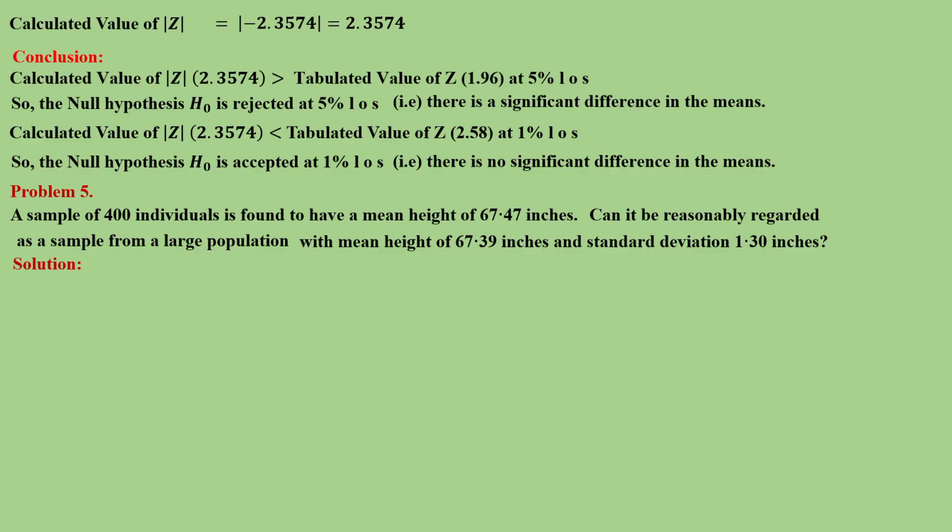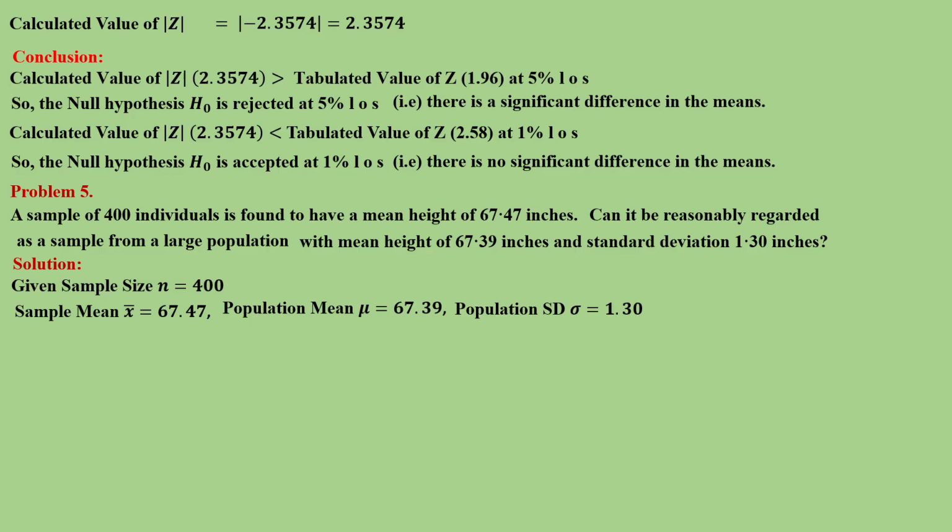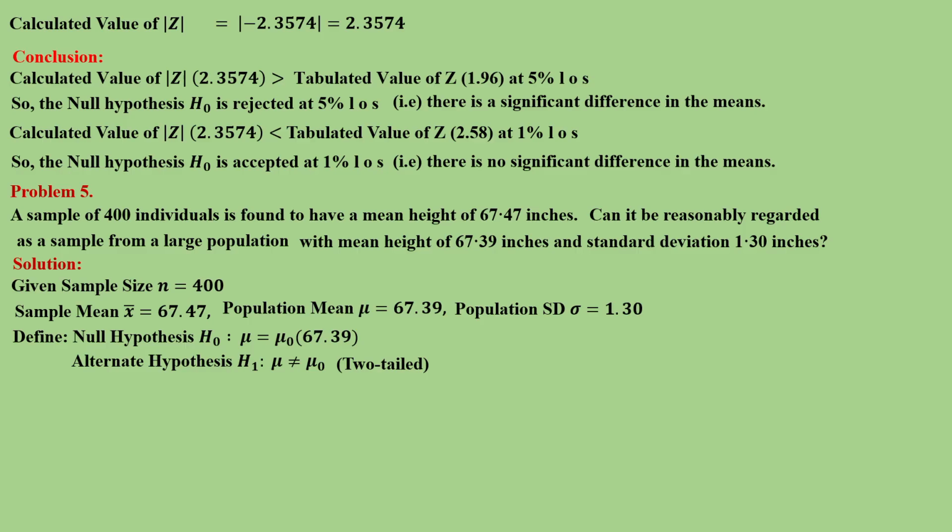But let us see. Given sample size n is equal to 400, mean 67.47, population mean 67.39, population standard deviation 1.30. Null hypothesis mu is equal to mu naught, there is no significant difference. Alternate hypothesis, we take two-tailed, mu not equal to mu naught, there is a significant difference.